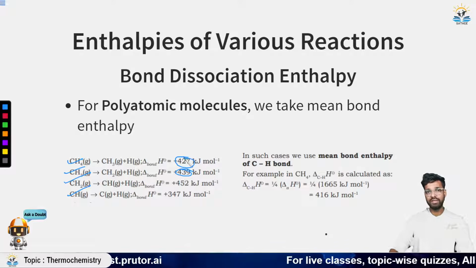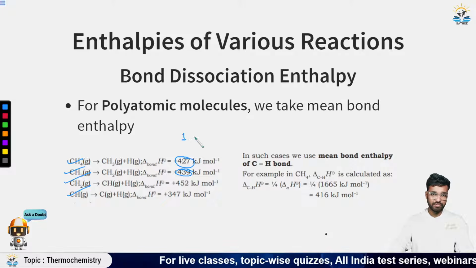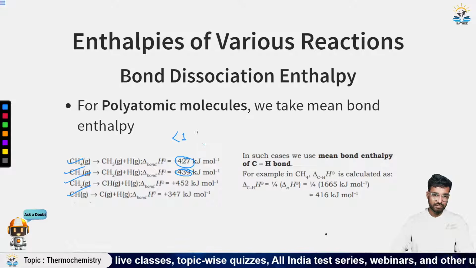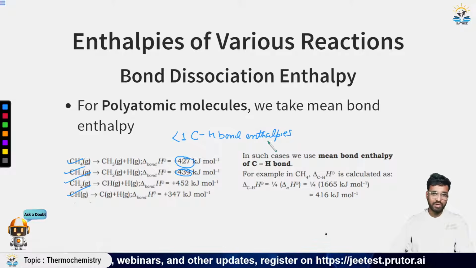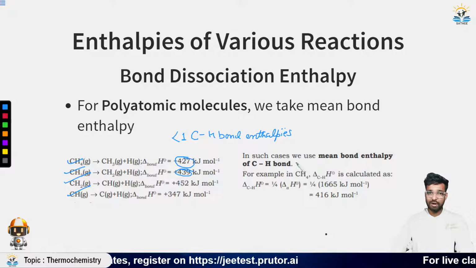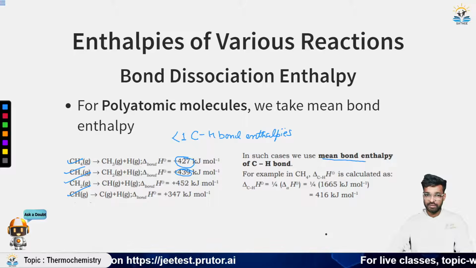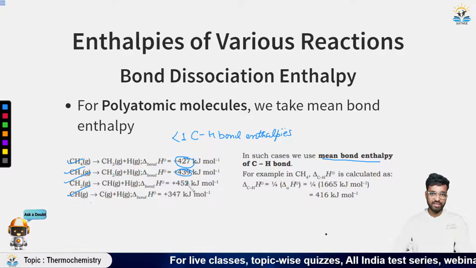Now you will see one thing here, that we have more than one C-H bond enthalpy. So what will you do in this case? We will find out the mean bond enthalpy. For each step we see that some amount of energy is released: 427, 439, 452 and 347.